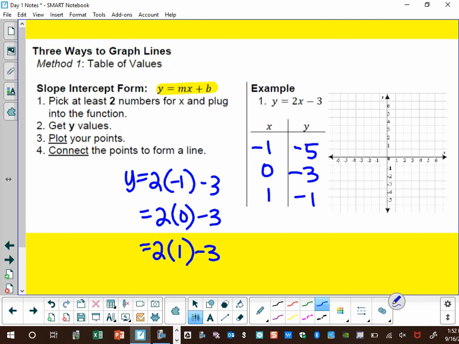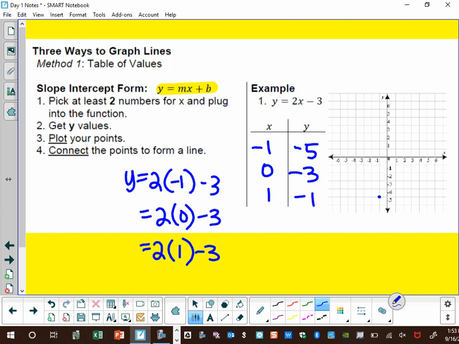So now I'm going to plot them. I know this is numbered pretty weirdly, so just count the lines. If I start in the middle at my origin, I'm going to go left -1. So I go over -1. This -5, my y value, is that up or down? Down. So 1, 2, 3, 4.